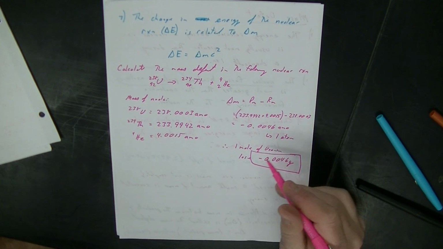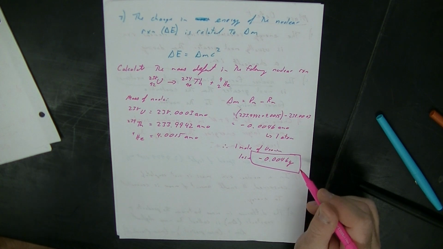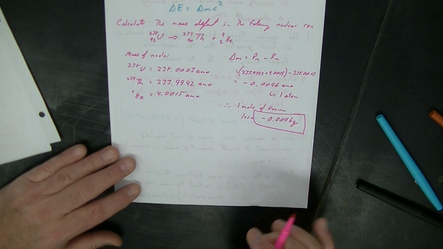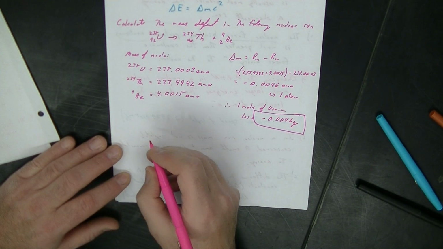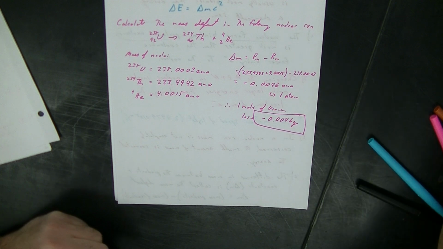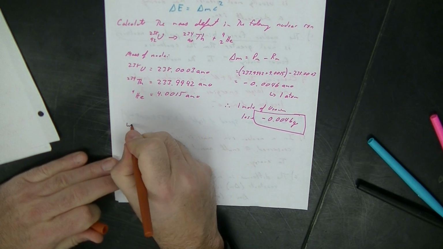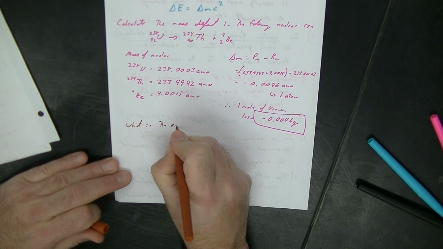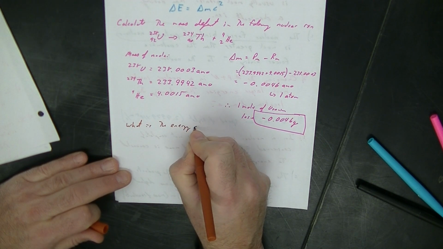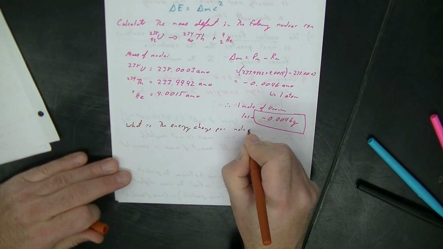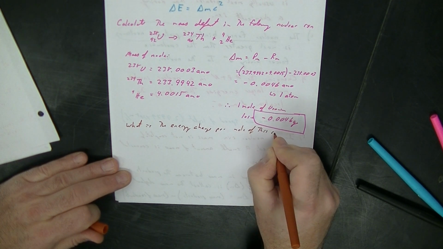Well, that mass is actually turned into energy, and we can calculate the amount of energy. So let's try this. What is the energy change per mole of this reaction?